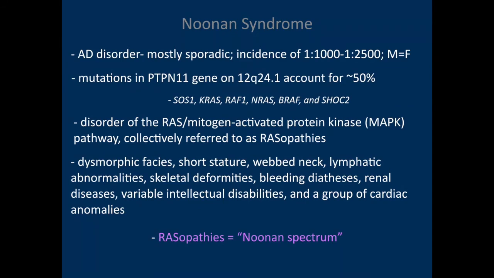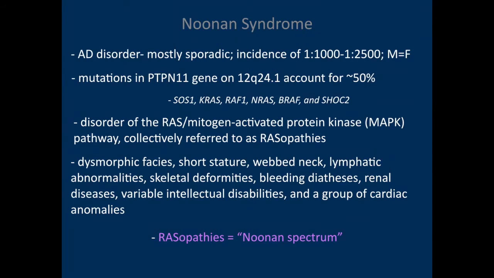Now, Noonan syndrome, I'm going to talk about really as a cluster of abnormalities, but keeping in mind that Noonan syndrome itself is really a dominant disorder, mostly sporadic because we're seeing most of these children born to normal parents, with an incidence of 1 in 1,000 to 1 in 2,500, both genders equally affected.